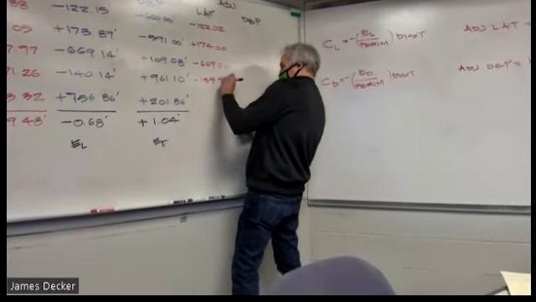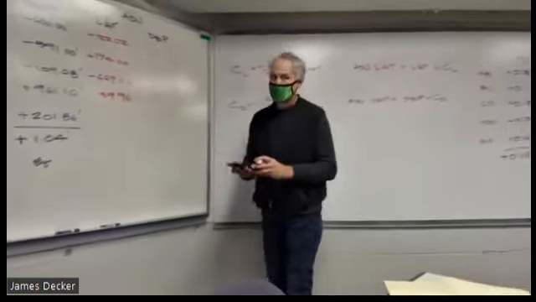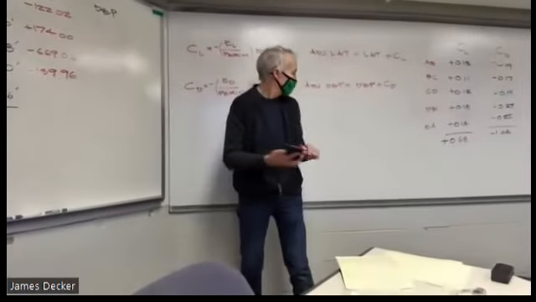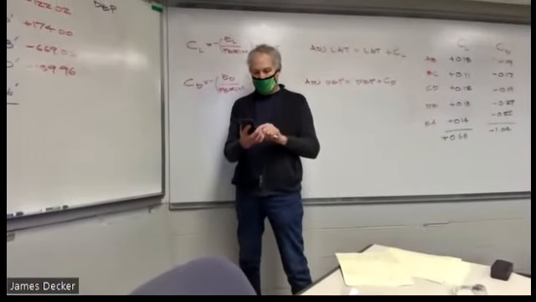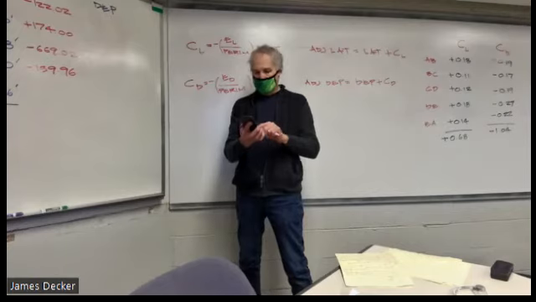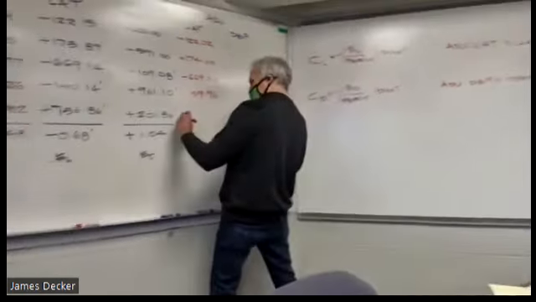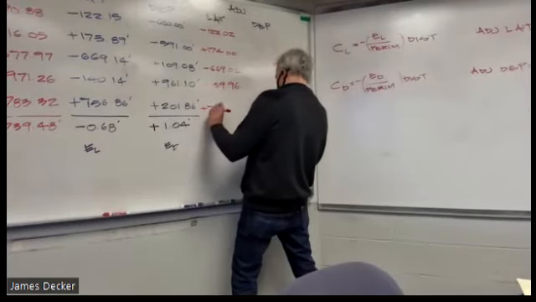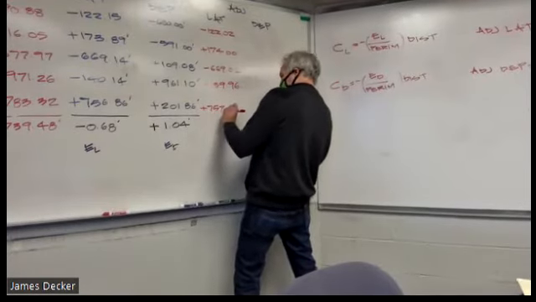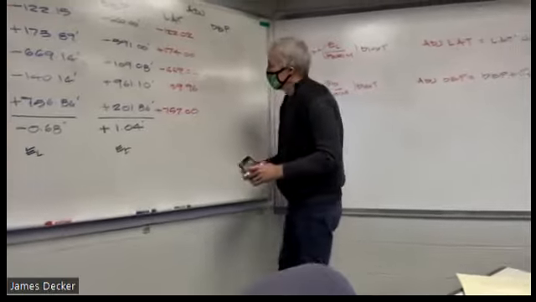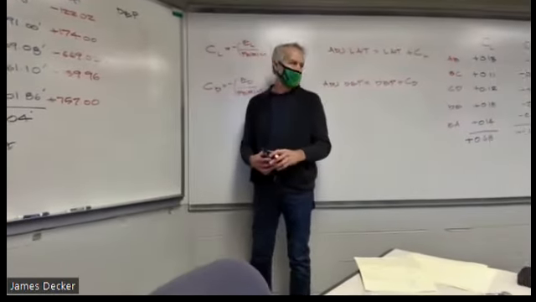Check my numbers, guys, if you're seeing anything wrong with me. I'm doing this kind of quick. We have 14 plus 7, 56, 86, plus 757.00. Is that looking right?